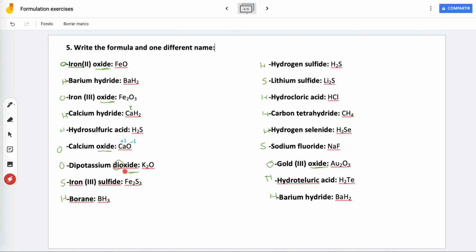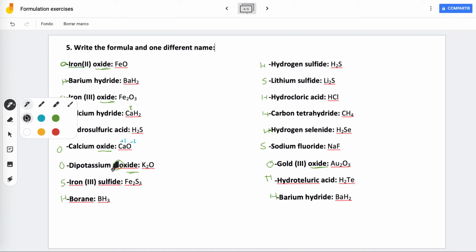Okay, peroxide. So in this case, I'm going to erase this. Okay, we don't need this D. Okay, and that's it. We have the potassium oxide.